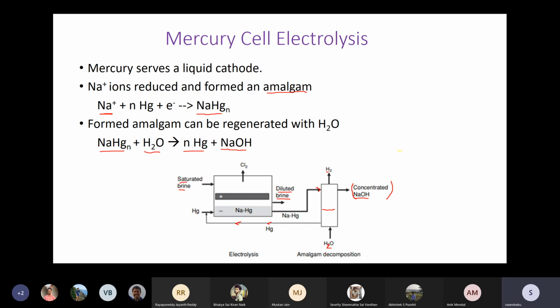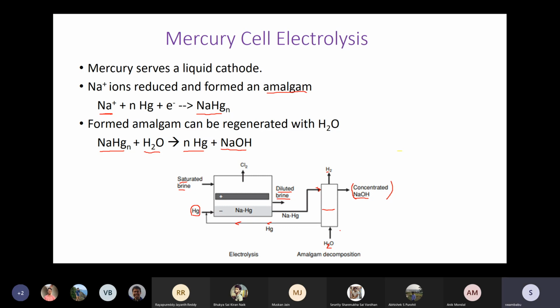But as you can see, we always have to top up and introduce some more mercury, because trace amounts of mercury might leave with the streams. The biggest problem is that even very trace amounts of mercury are extremely dangerous.